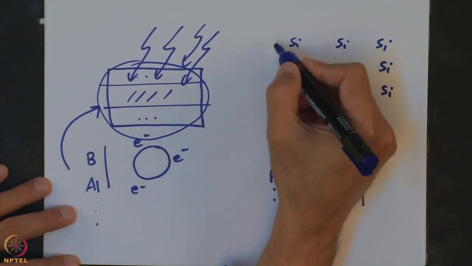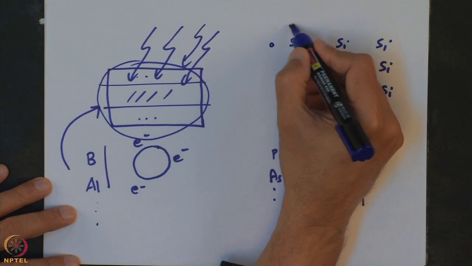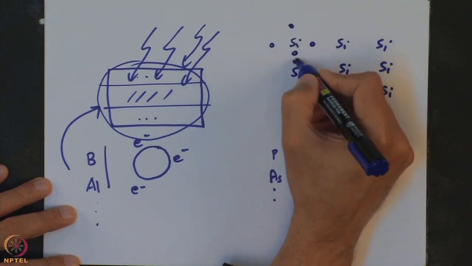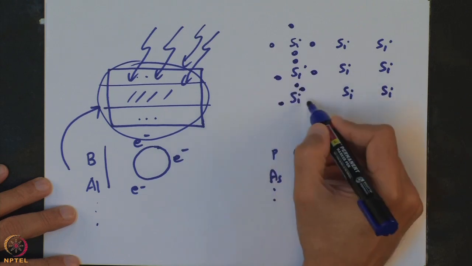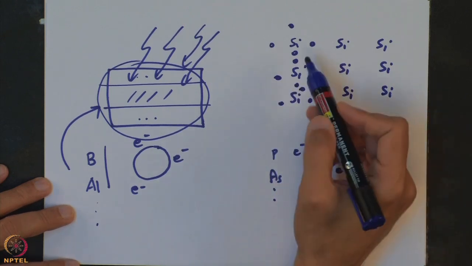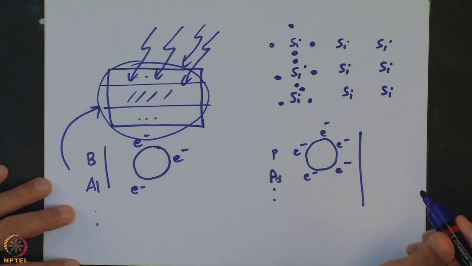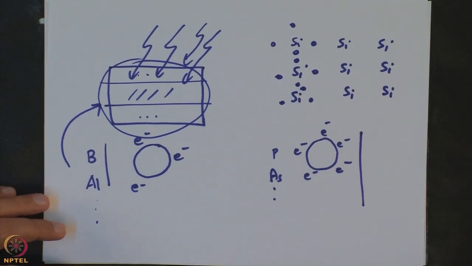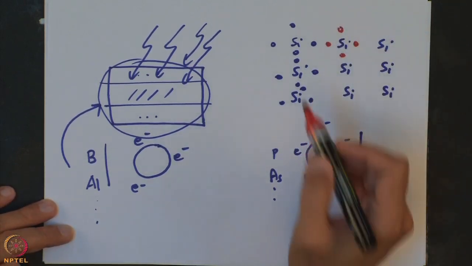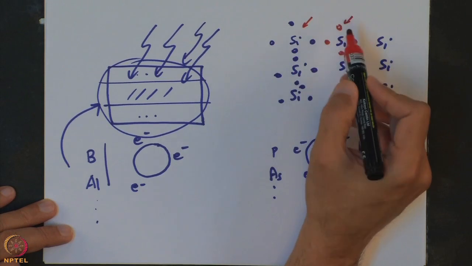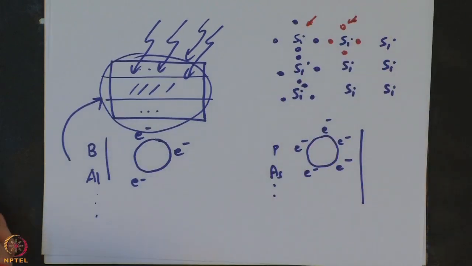And we can see that the outermost shell of these silicon atoms has 4 electrons, and they form covalent bonds with their neighbors. Let us just see the case of these 2 atoms.